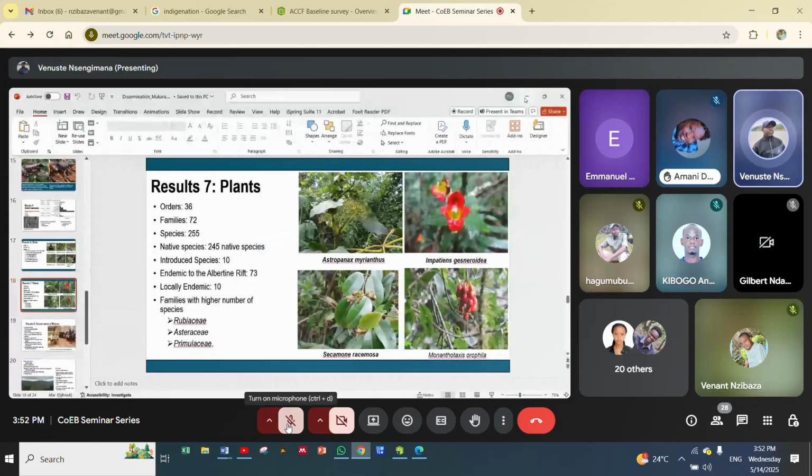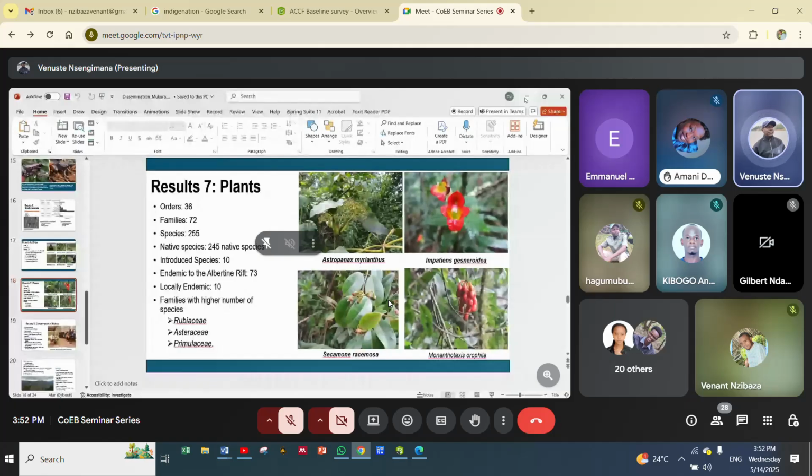I think I have done the presentation about plants. If you look at the screen, at slide 7, it's about plant diversity. But of course, this is a summary. We have a detailed report. For those interested to know more about the plant diversity, we can share the report.